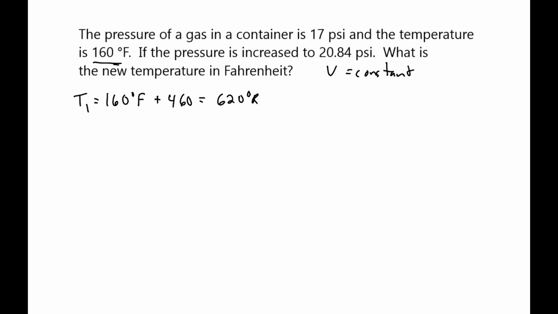So then we're going to do pressure 1, so 17 psi, over temperature 1, which is 620 degrees Rankine, equals 20.84 psi over temperature 2. And what do we get for temperature 2?